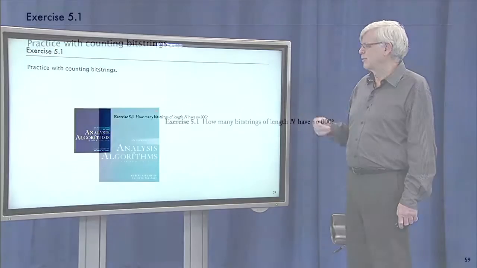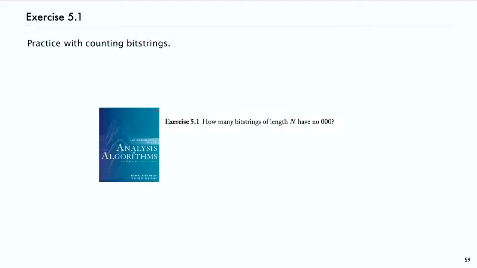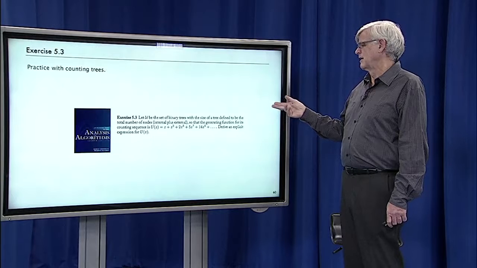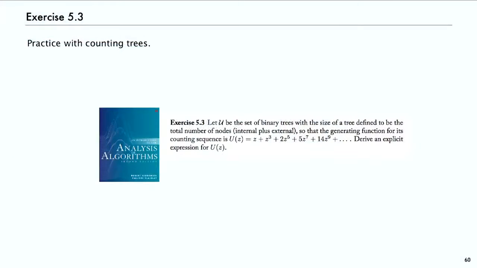I just want to finish with some exercises that you might do to cement your understanding of this material. Exercise 5.1: how many bit strings of length n have no occurrence of 3 zeros? That's a fine exercise to try out these techniques on. Or for trees, again just to go through the steps of analytic combinatorics for problems similar to the ones that we did.